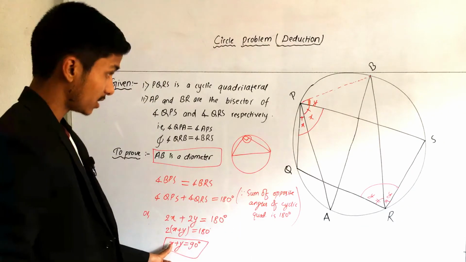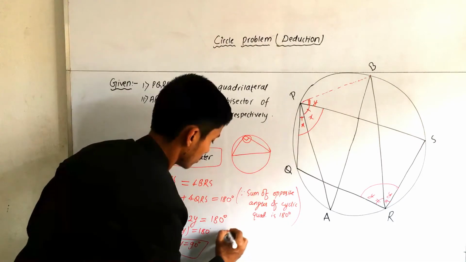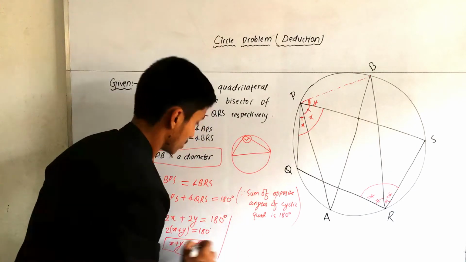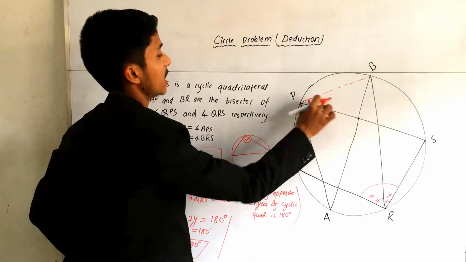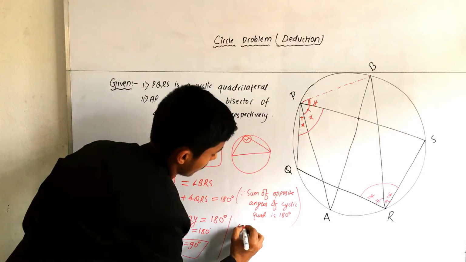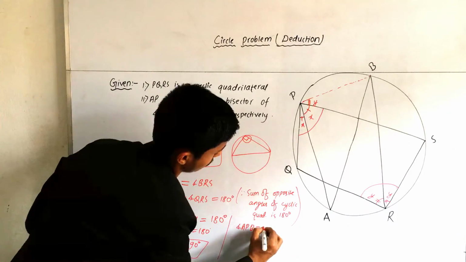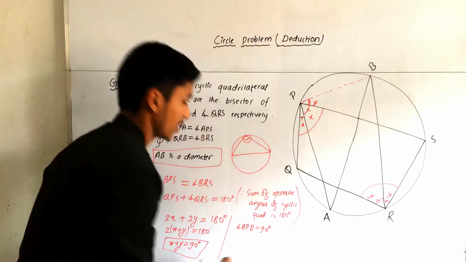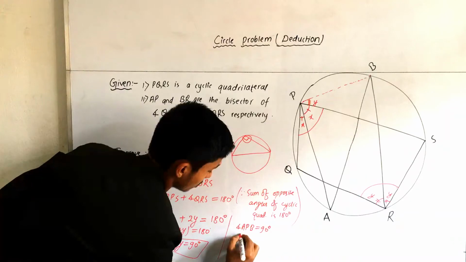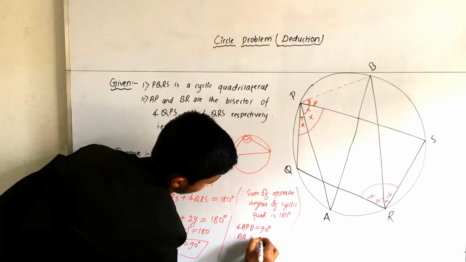Now we see the value of angle x plus y. This angle is x plus y, so we can write angle APB is equal to 90 degrees, and in the next step we can write AB is a diameter. Therefore AB is a diameter.